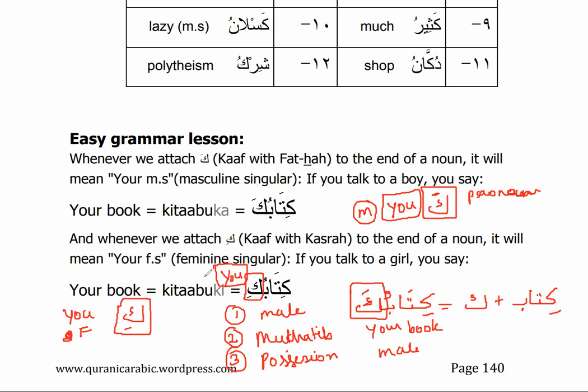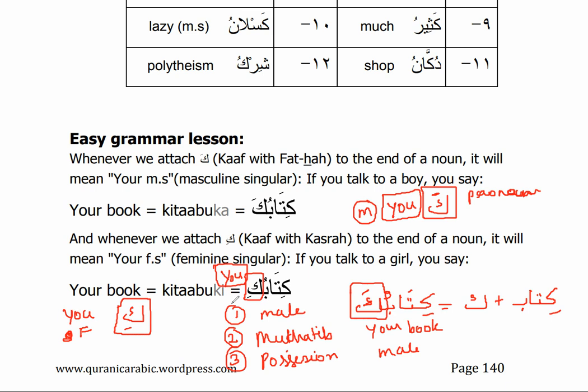But in Arabic, the kaf fatha and kaf kasra distinguish whether you are speaking to a male or a female. When you hear the sound ka, you understand it's a male singular, even if you're not looking at the person. And when you say kitabuki, by listening to ki, you know that the person is talking to a feminine singular. So this is very important in Arabic to understand.